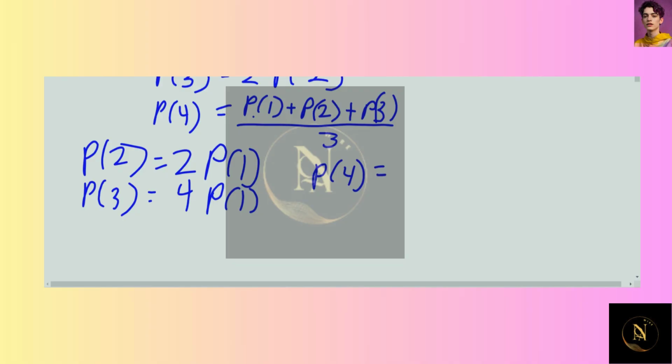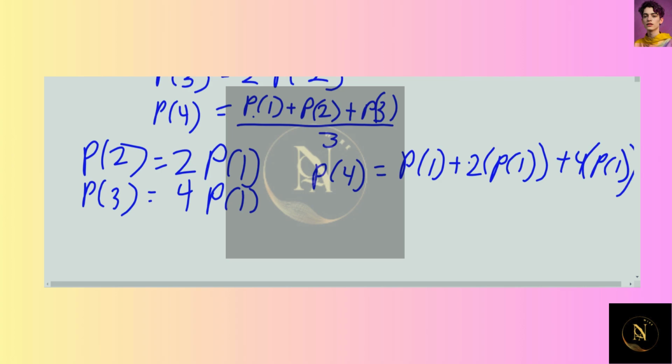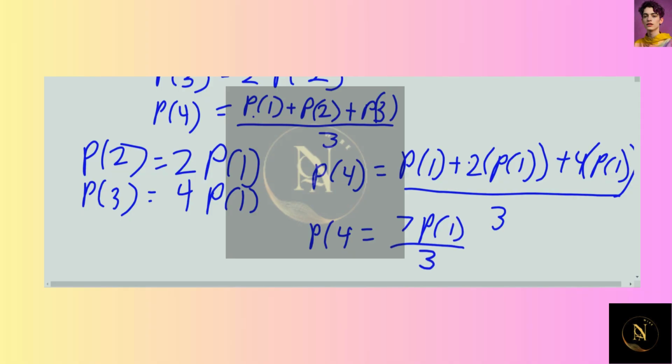So we'll do probability of 4 equals probability of 1 plus 2 times probability of 1 plus 4 times probability of 1, all over 3. Probability of 4 equals 7 times probability of 1 over 3. Missed that parentheses.